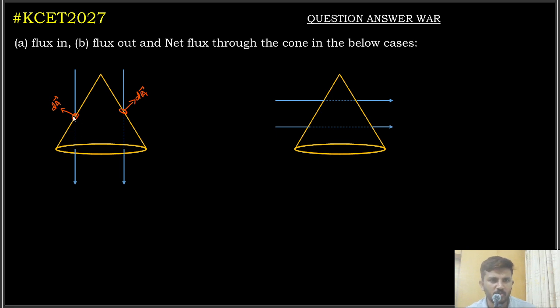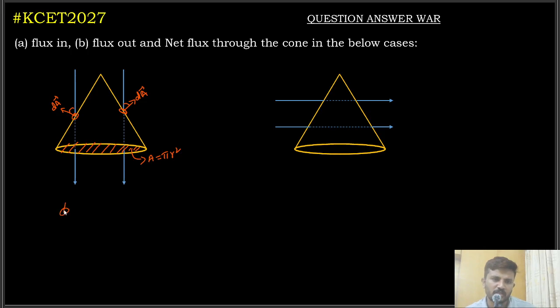Now if you resolve the vectors, the resultant area will be equal to this area. What is the area of the circle here? Pi r square. You can take the radius r, so this area is A equal to pi r square.